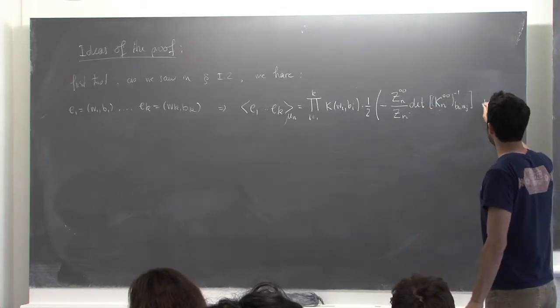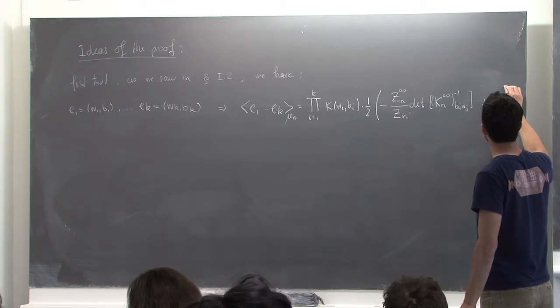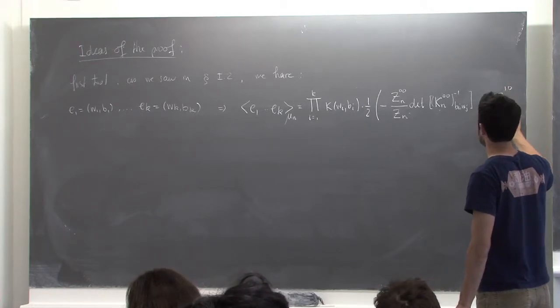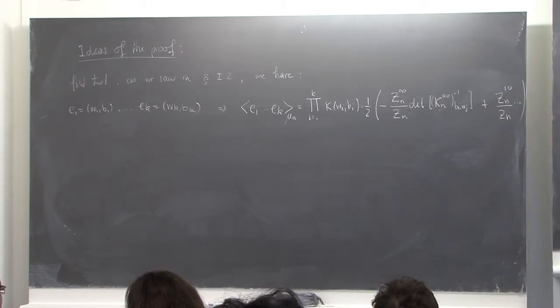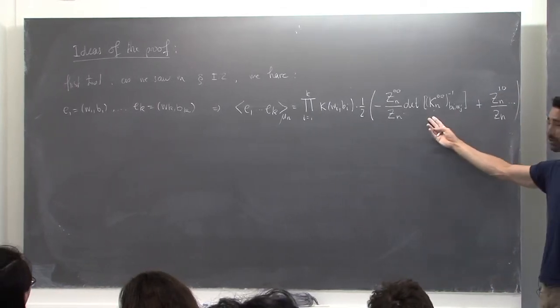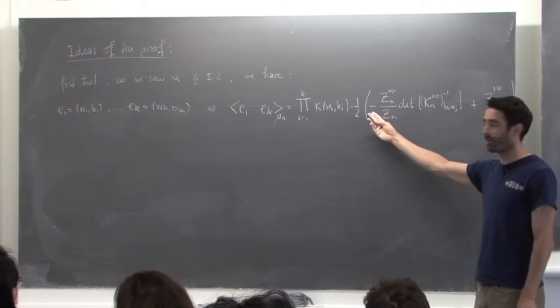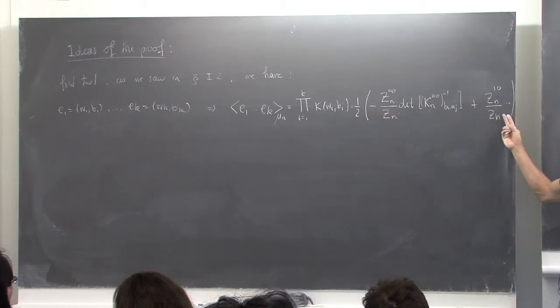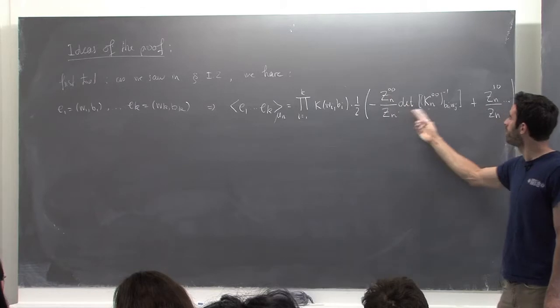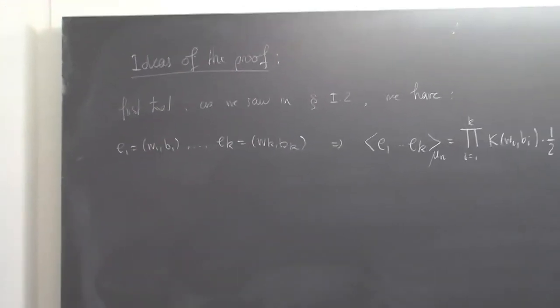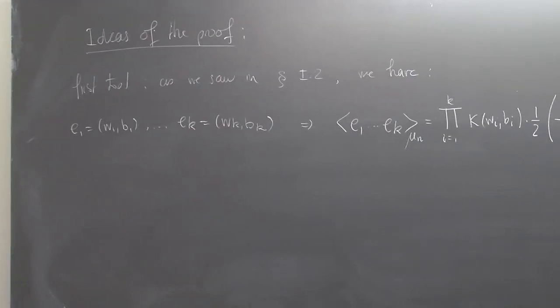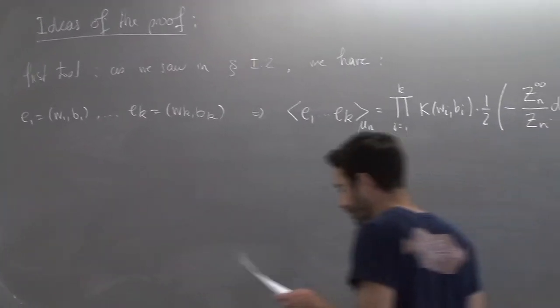And then you had plus Z(1,0,n), Zn, etc. I'm not writing everything, so we had 4 terms. We had an alternating sum. We had one minus sign, and the other 3 were pluses. And we had (0,0), and then you have the other 3 terms with (1,0), (0,1), and (1,1).